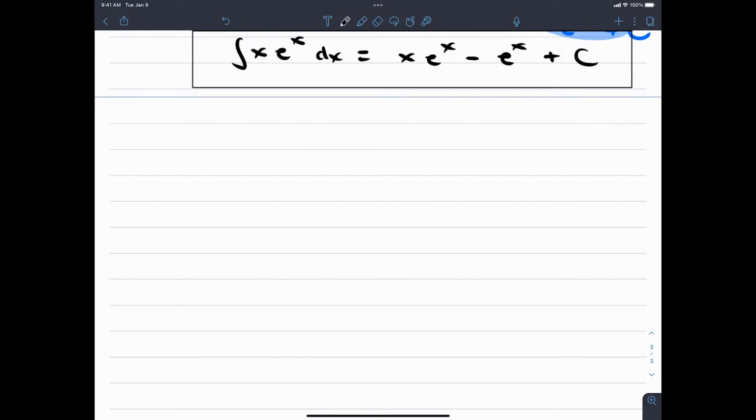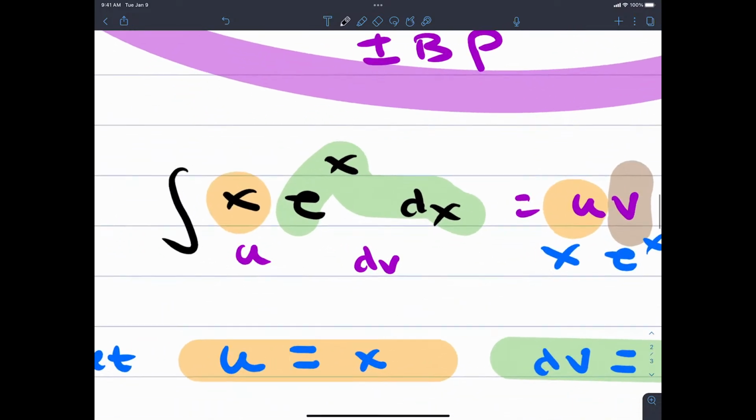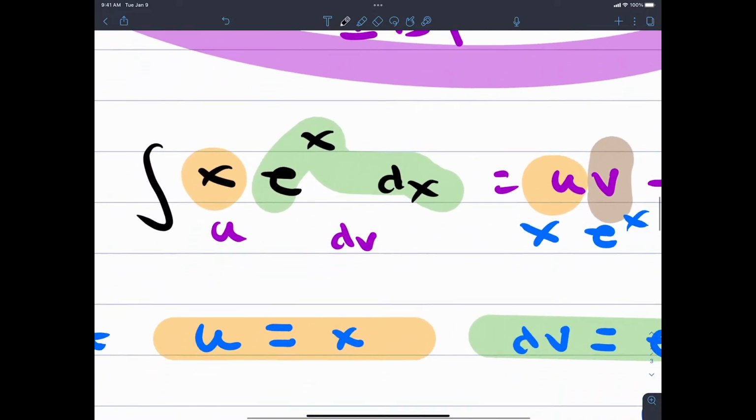Now, if you said to me, well, what's a big tip-off? Here's the tip-off. First of all, you have a product of two functions. One of the functions breaks down when you differentiate. Now, that's a lot easier said than done.